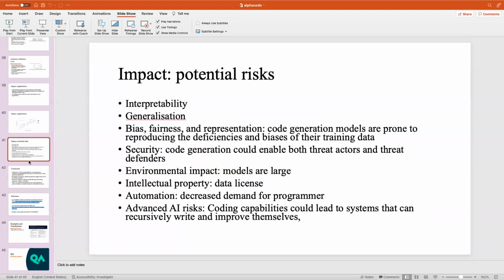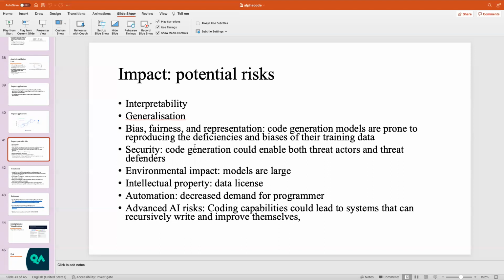And the authors also talk about some potential risks of the model, such as interpretability, generalization, also bias, fairness, and repetitions. So I guess bias is a common risk in all language models, since code generation models are prone to reproducing the bias and also unfairness from their training data. And also, since code generation could enable both threat actors and threat defenders, it may also have some security issues.